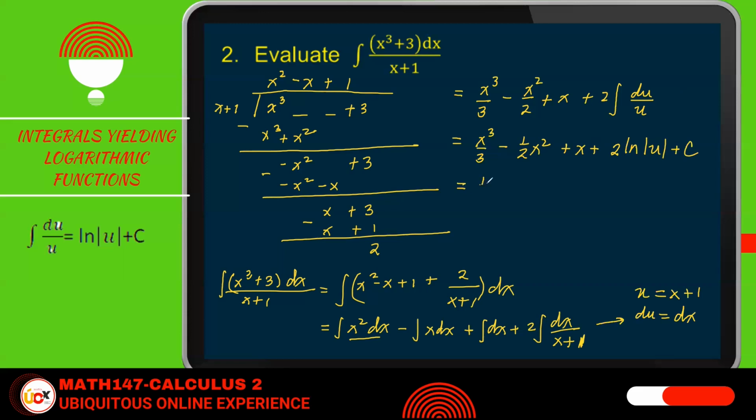This can now be written as 1/3 x cubed minus 1/2 x squared plus x plus 2 times the natural log of the absolute value of x plus 1, plus the constant. So this is the final answer.